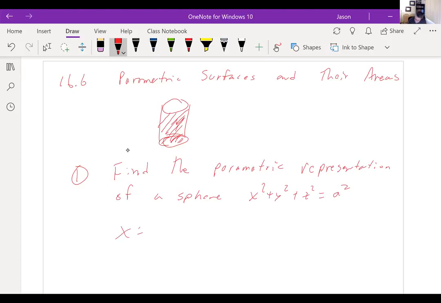Okay, so x is equal to, okay, if we look at the sphere here, I'm going to look at the sphere instead of this guy.